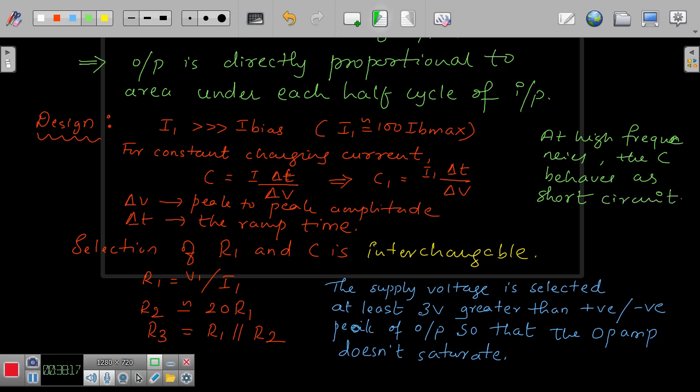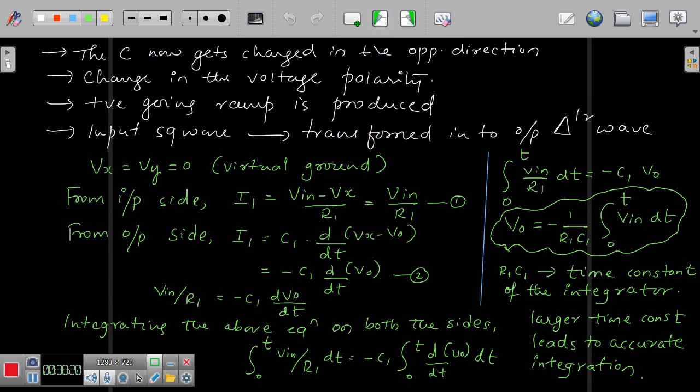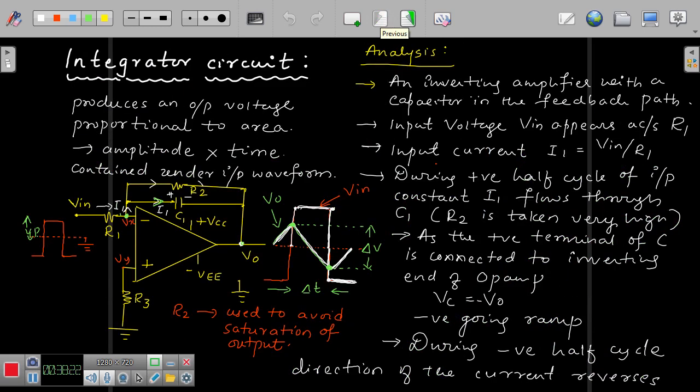When the capacitor behaves as a short circuit, what happens here? Your circuit is now reduced to a simple inverting amplifier, as long as the value of R2 is equal to R1. So it will act as a voltage follower also, but the output is phase shifted.